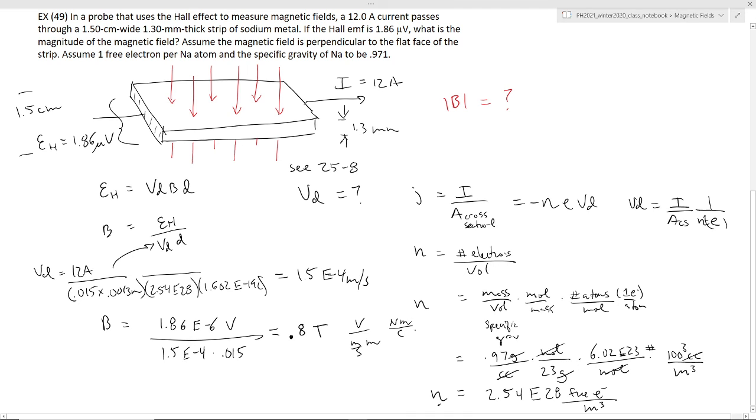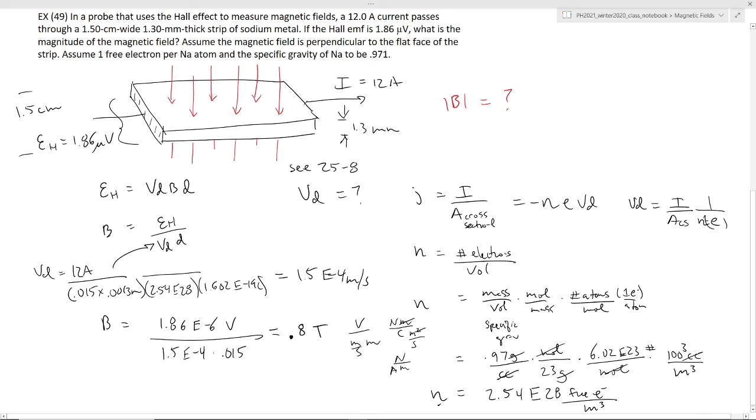So this is a Newton meter per coulomb divided by meters squared per second. We're left with a Newton per coulomb meter per second. Coulomb per second is an amp, so this is a Newton per amp meter, and that's our Tesla. So the units check out.